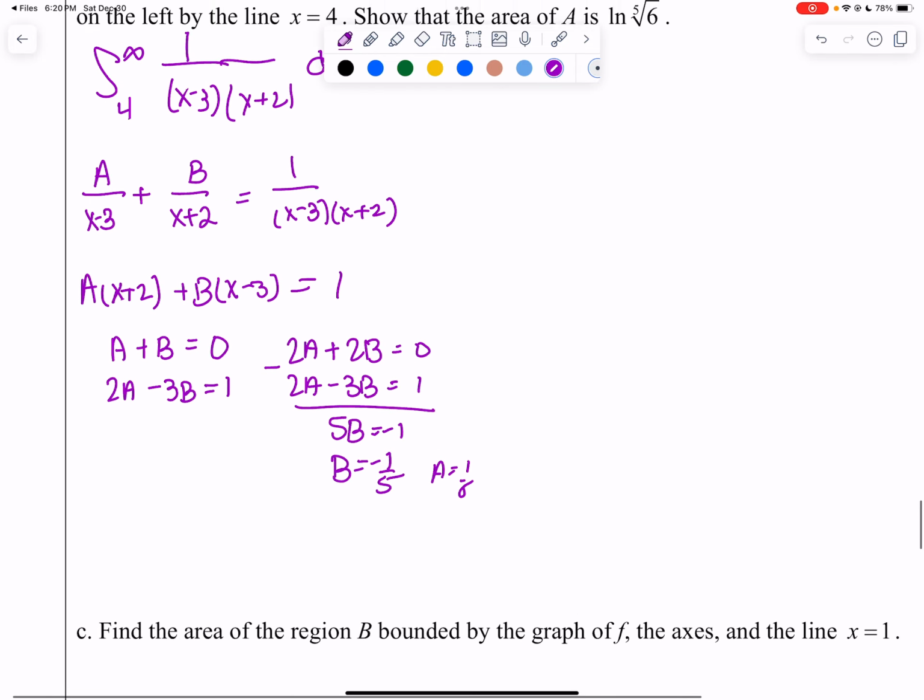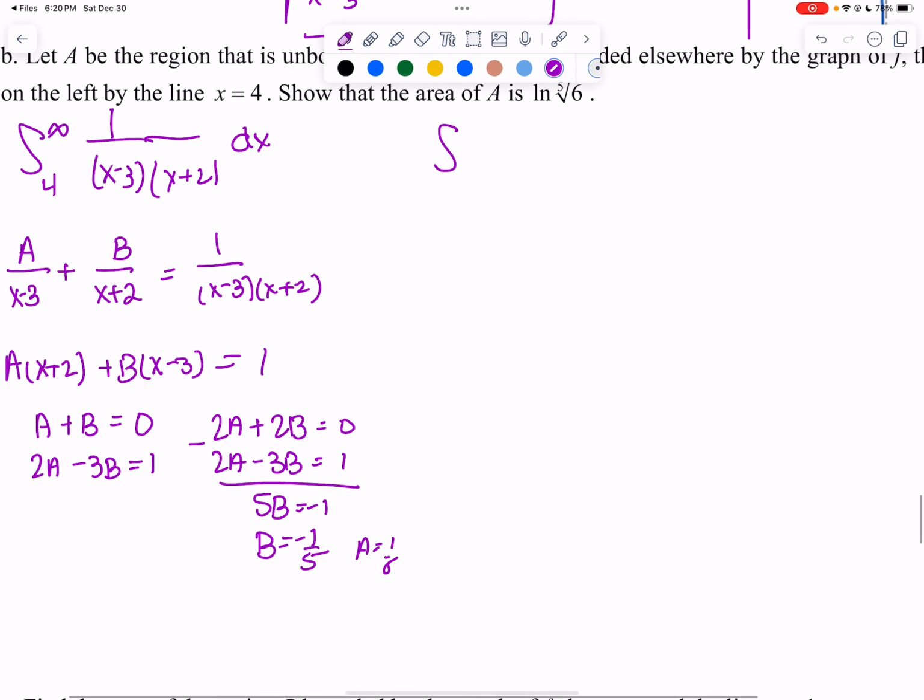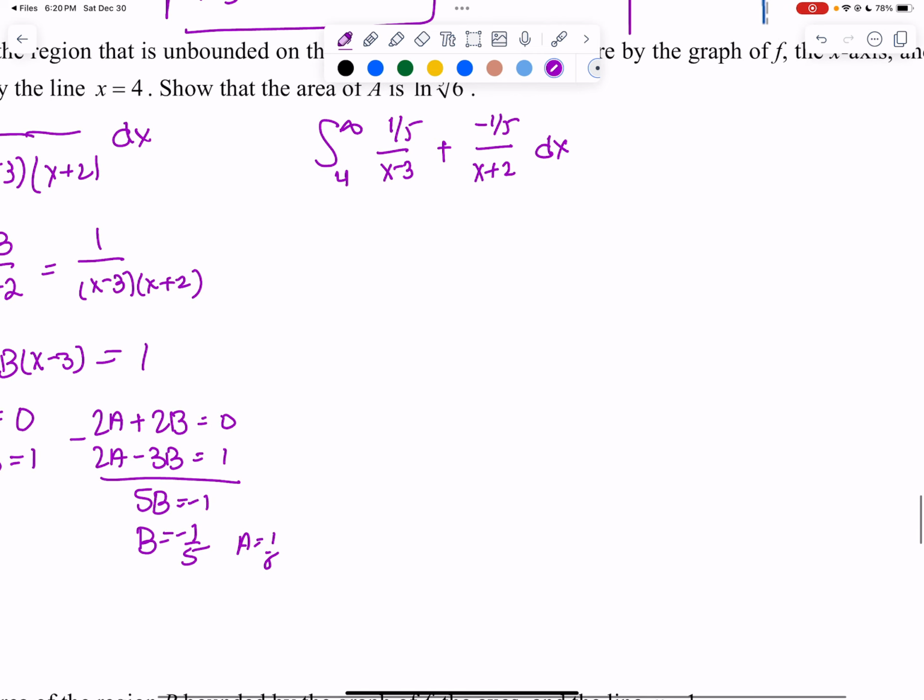So that is going to give me my integral from 4 to infinity of, let's see, a is 1/5, so 1/5 over x minus 3 plus negative 1/5 over x plus 2 dx.